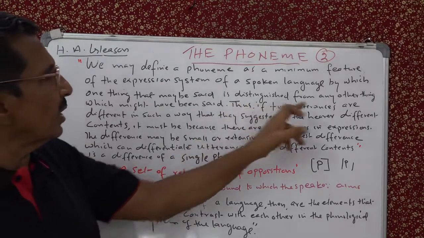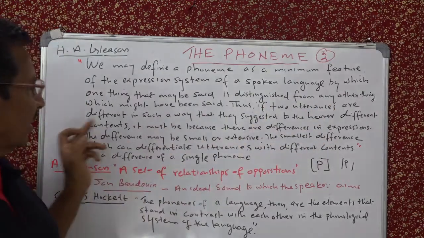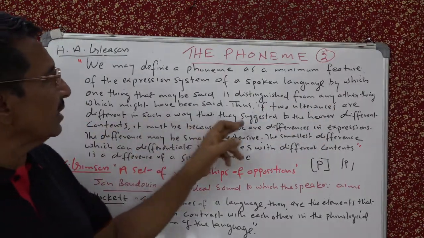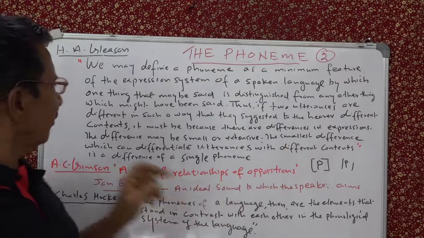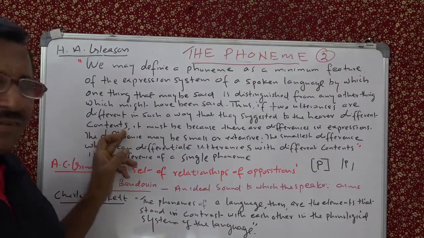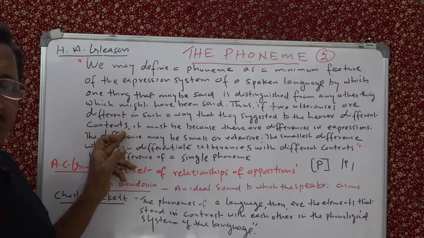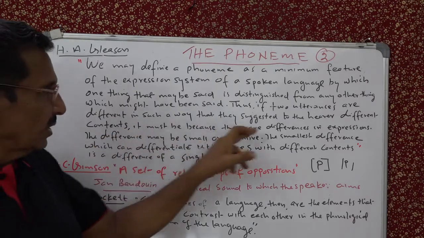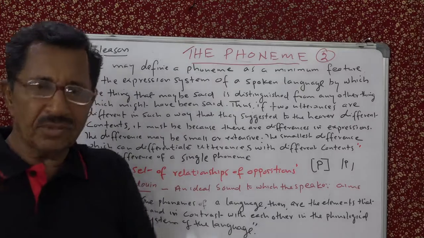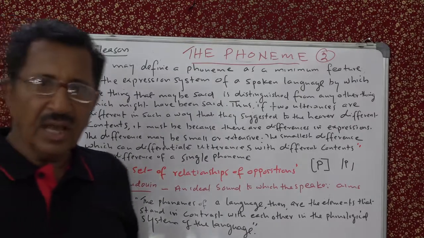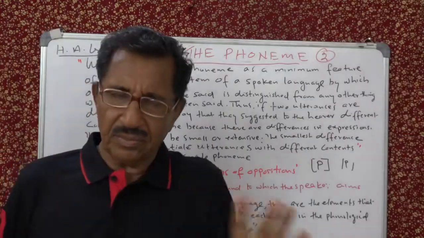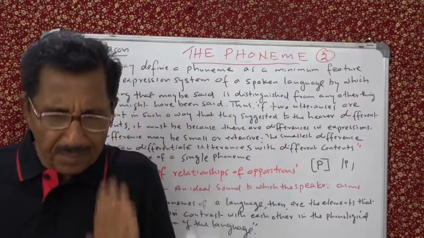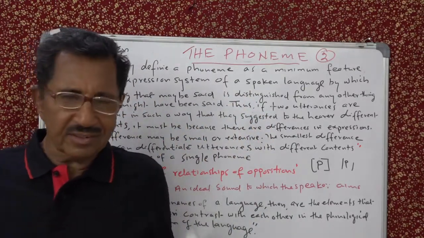Thus, if two utterances, words, are different in such a way that they suggest different contents to the hearer, like man and can, it must be because there are differences. This is the most important thing here. Communication is impossible without differences.